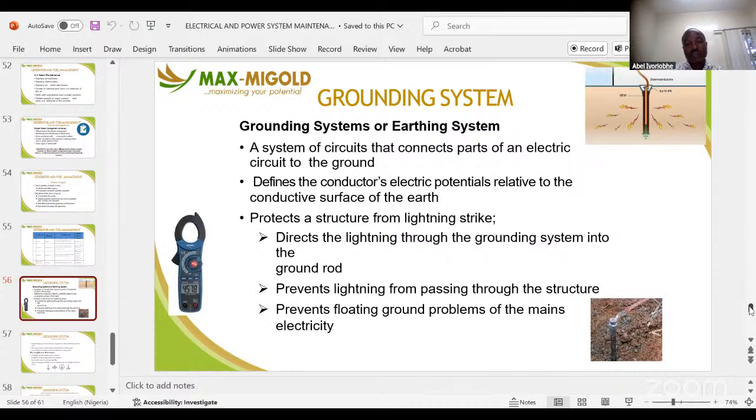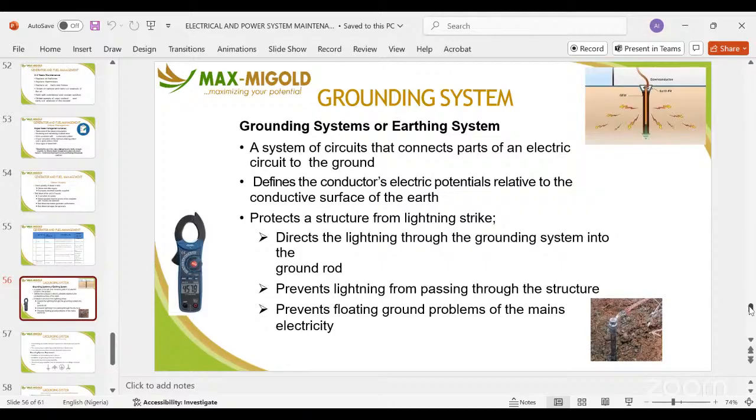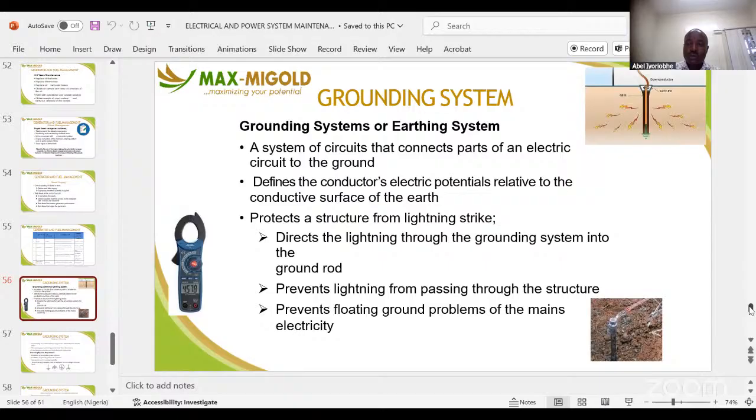Clean up the contaminated earth root. You use charcoal. What does charcoal do? Charcoal is used to absorb impurity. It absorbs all the impurity around that place and makes it clean for electricity to pass through. You can also use animal waste. What does animal waste do?